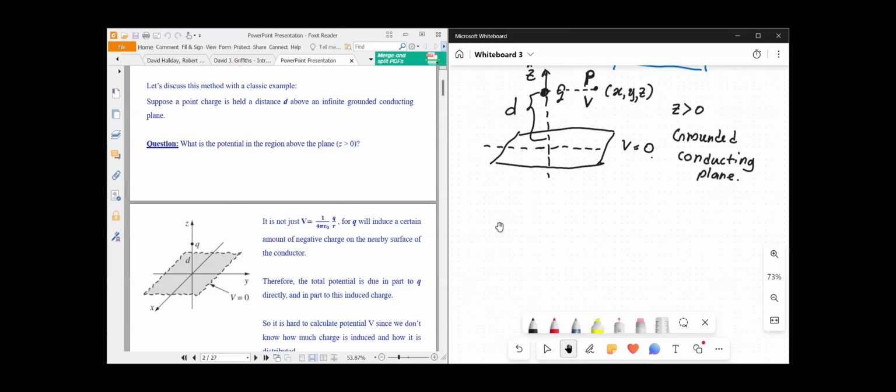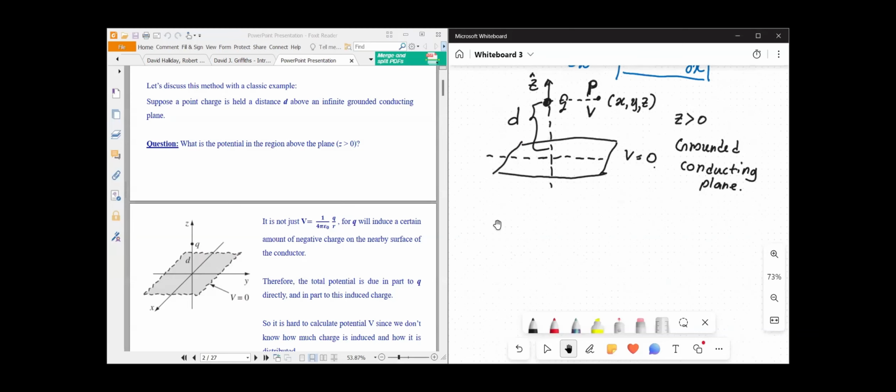We are going to do a little bit of calculation, and it is not directly this situation, but we can show that the calculation we'll do gives the same result as this situation where we have a conducting plane and a charge outside the conductor.